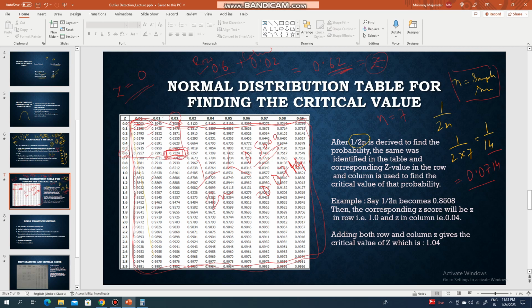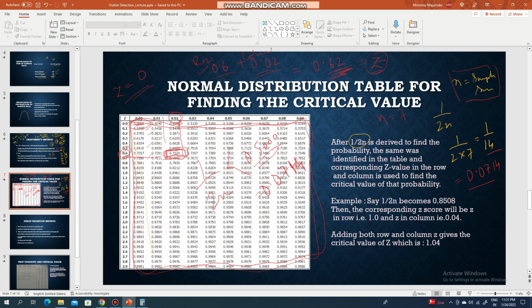So 0.02 is your column heading, and 0.6 is your row heading. Add the row heading and the column heading and it comes to 0.62. So for that case, the critical value of Z will be 0.62.